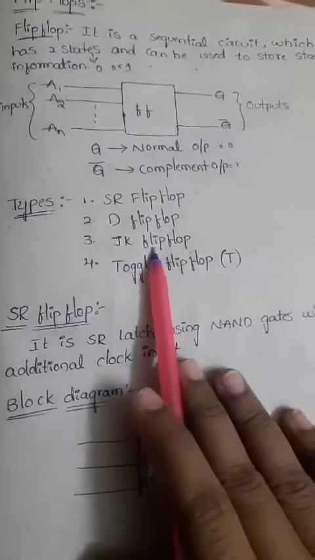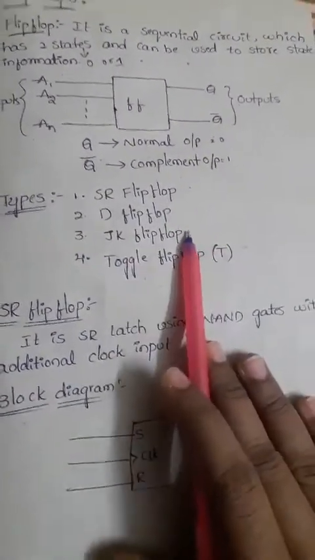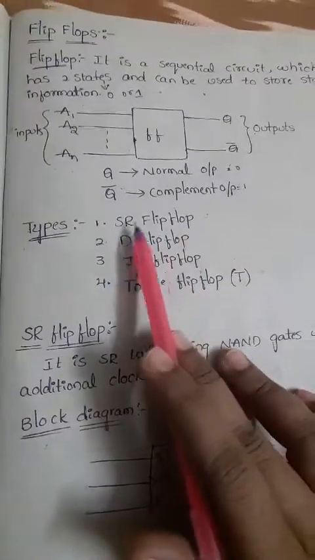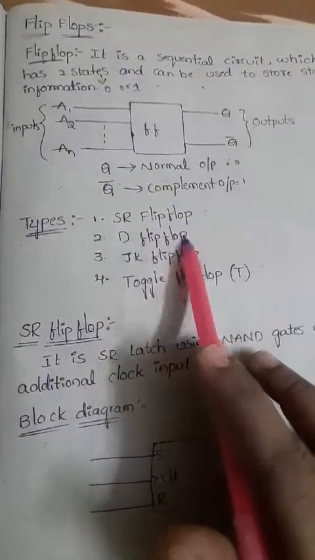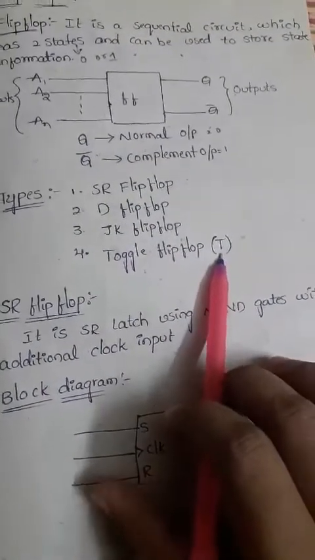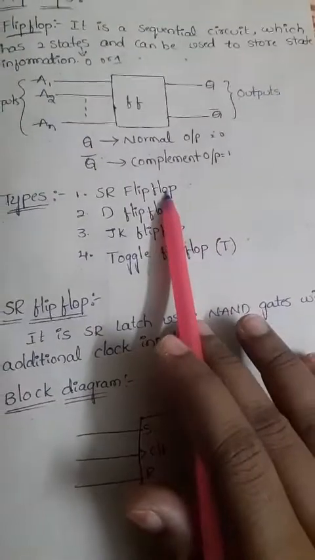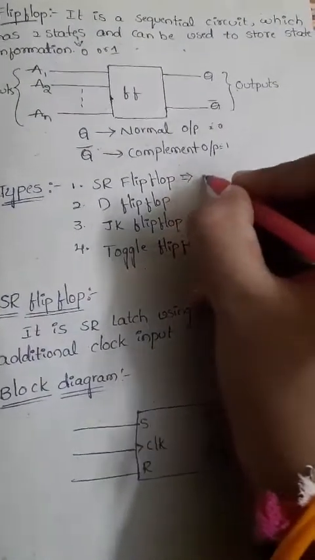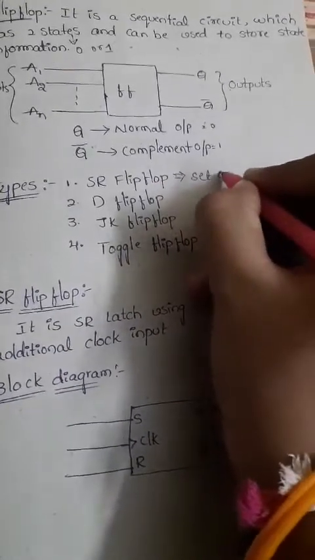Now let's see the classifications of flip-flops. Flip-flops are classified into four types: SR flip-flop, D flip-flop, JK flip-flop and T flip-flop. The first type is the SR flip-flop, where S and R stand for set and reset.